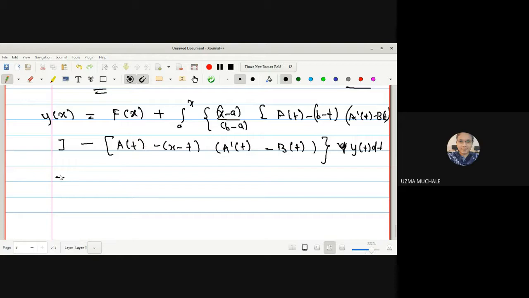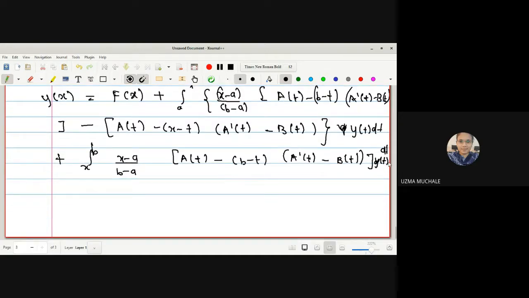Okay, plus next term we have, integration within the limit x to b, (x minus a) divided by (b minus a) times (t minus b minus t), A dash of t minus B of t, y of t dt.